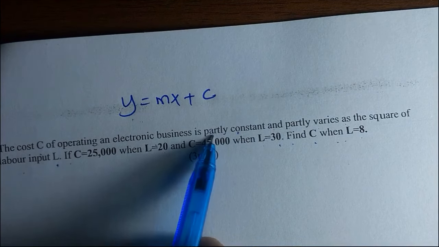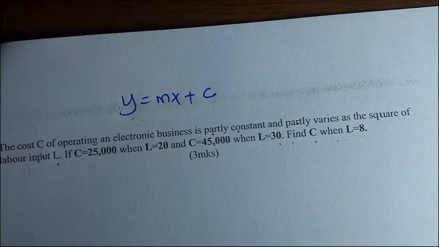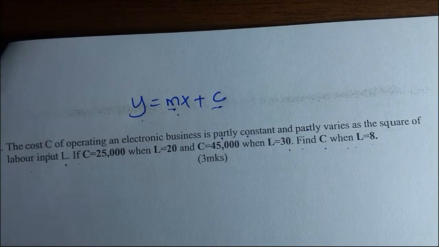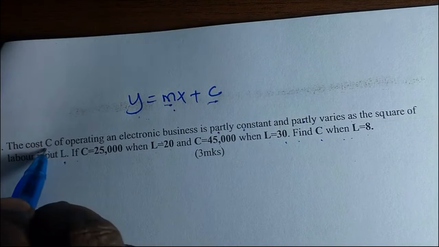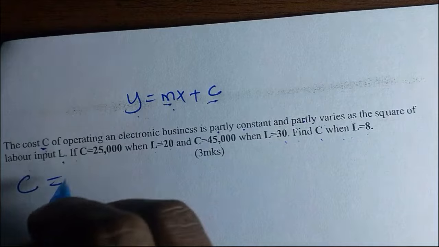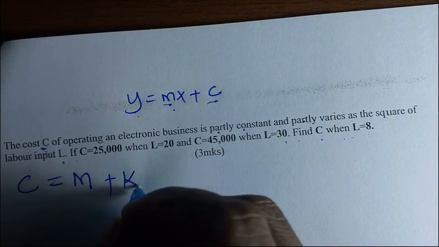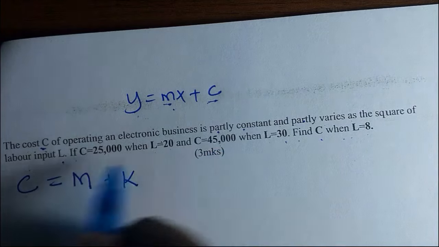Now we are going to write using the letters provided, but we are going to have our two constants. Now C, we have to say C varies. So C equal to, I will introduce my constant m plus another constant k, varies partly as the square of L. So I will put L squared here.